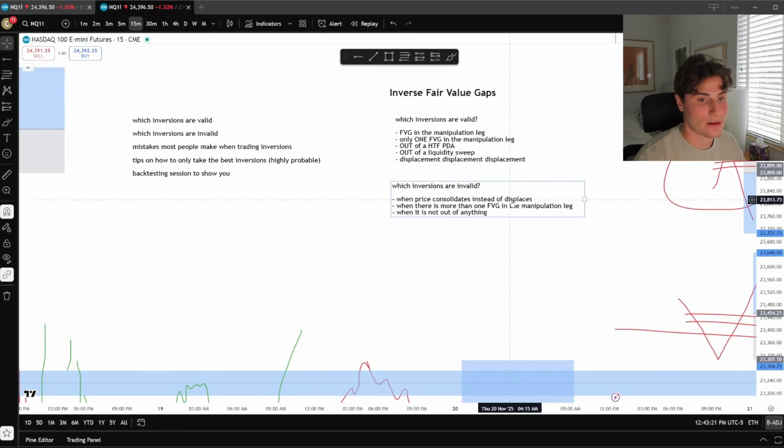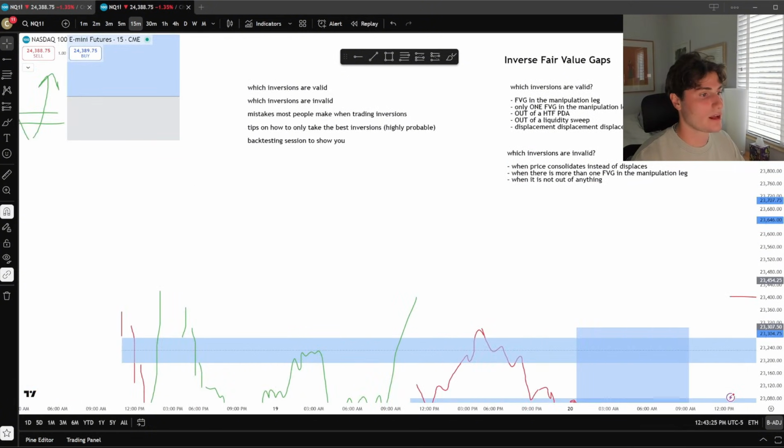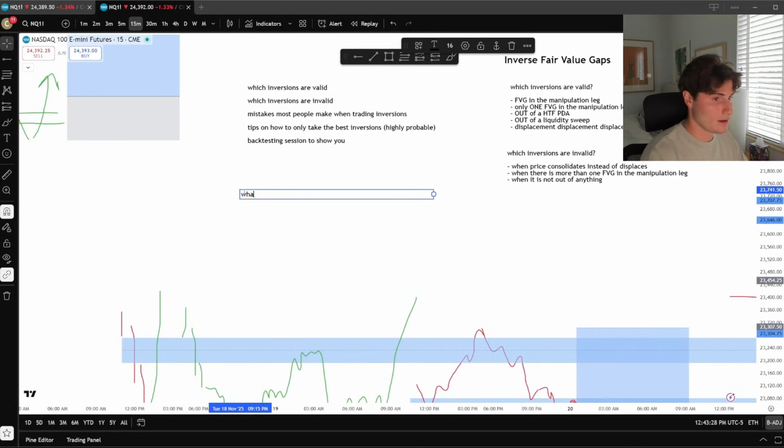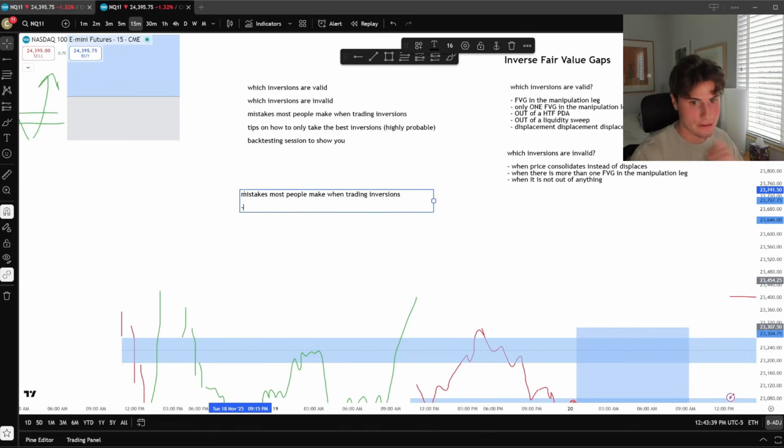Now I'm going to cover, and this has a lot to do with what I just explained, mistakes most people make when trading inversions. I basically just explained this, but essentially, they take any inversion on the chart.